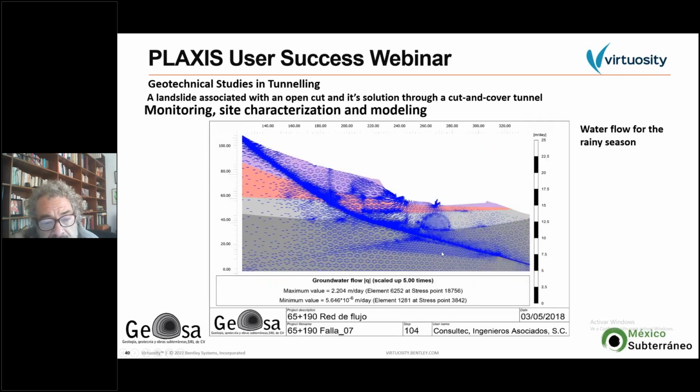Here are the groundwater flow vectors, and we did it simulating rain and simulating different positions of the water table, according to the results of the piezometers we installed and many other things.